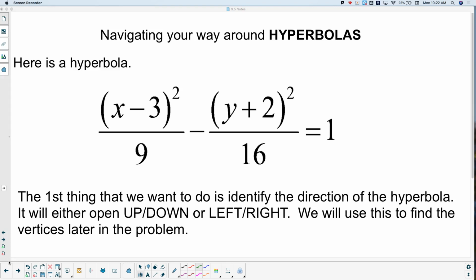And the very first thing that we are going to do is we need to mentally say, which way does this hyperbola open? Either left and right or up and down. And it all is determined by which squared variable is before the subtraction sign.